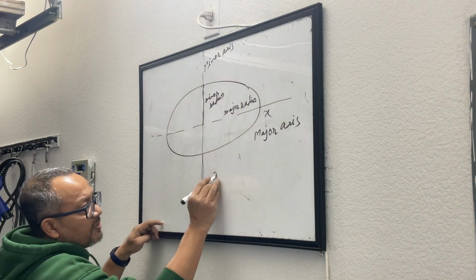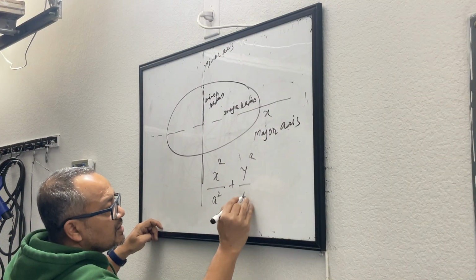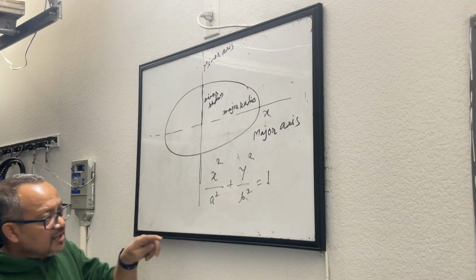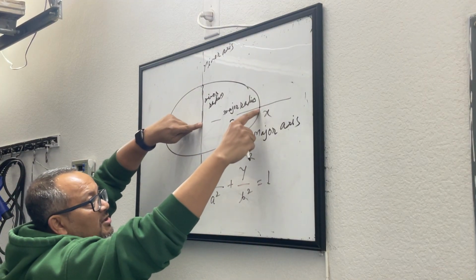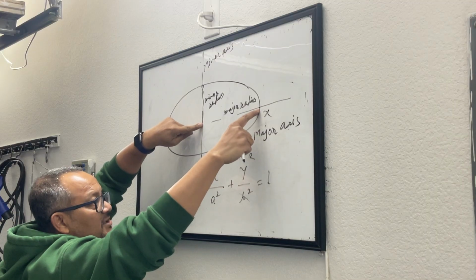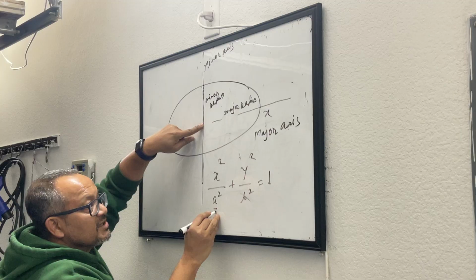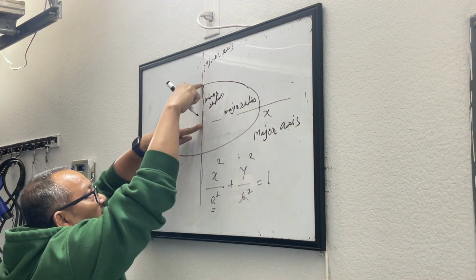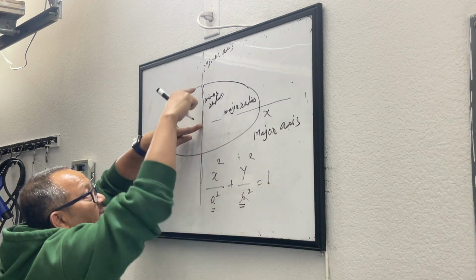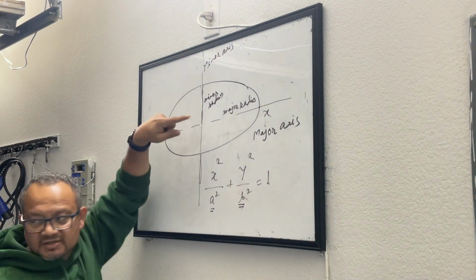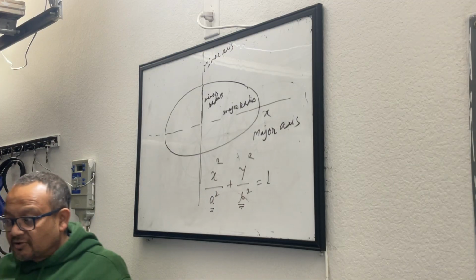So if you go back to this formula of x squared by a squared plus y squared by b squared equal to 1, here this a, since this is big along the x-axis, the horizontal axis, my a is the major radius in this case. It is small along the y-axis. This b is my minor radius. Okay, I'm just trying to relate all these things.